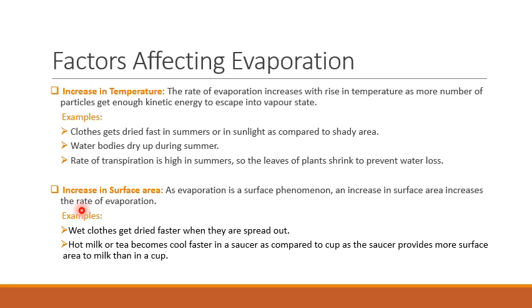So let's see a few examples of this factor. Like when we dry the clothes, we generally spread them out. We don't just put the cloth as it is. So the clothes are spread out so that they can dry faster.